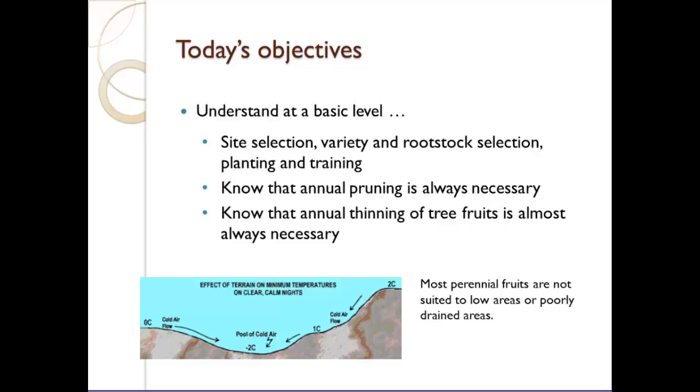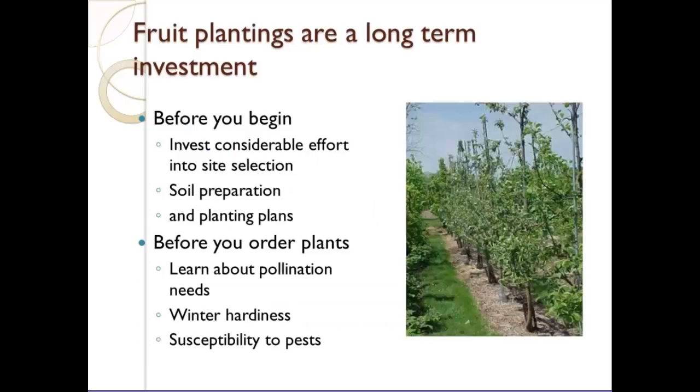You'll see a lot of tree fruit, particularly in the south where they have peaches and some of the European grapes, on hillsides so that they can have good air drainage. You won't see them at the bottom of the hill because that's where cold air tends to pool. So one of the first concepts is that you're looking for relatively frost-free areas for orchard plants, whether they're tree fruit or small fruit.